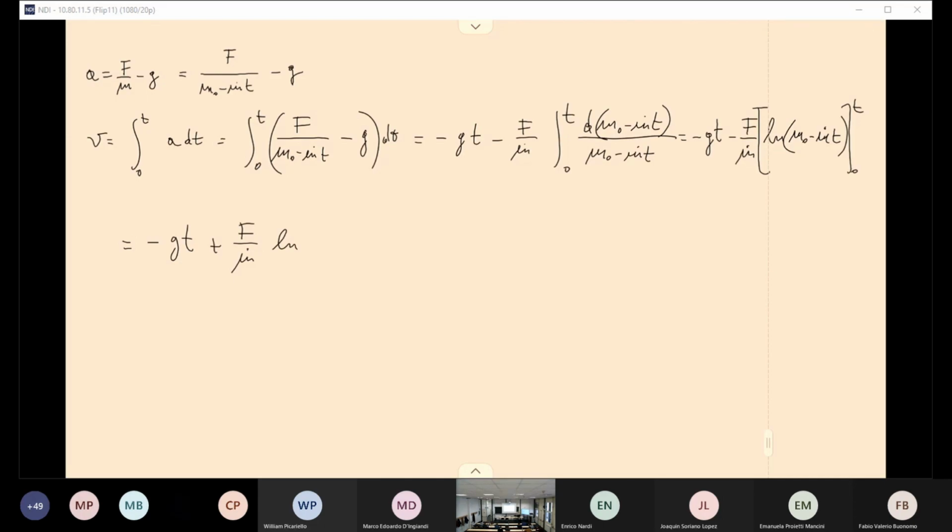And of course, difference of logarithms can be also seen as the ratio of their arguments, and we can invert it, and so write this with plus, and make between t and 0, and in 0 we have m0, and in t we have m0 minus m dot t. This is the function of time.